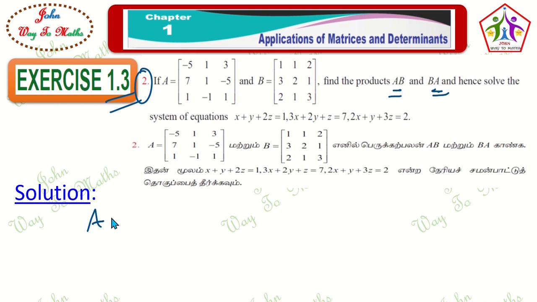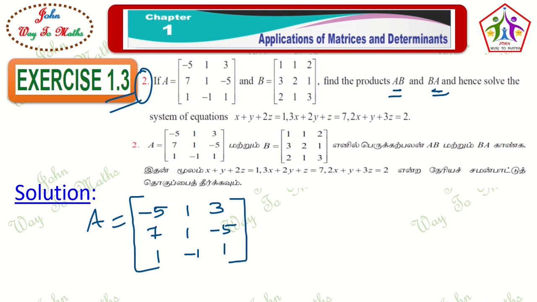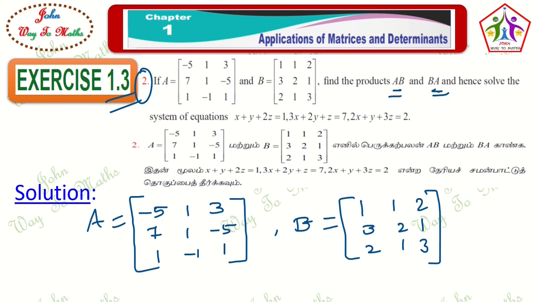So A matrix becomes, and B matrix becomes. First I'm going to find the product of the AB matrix.